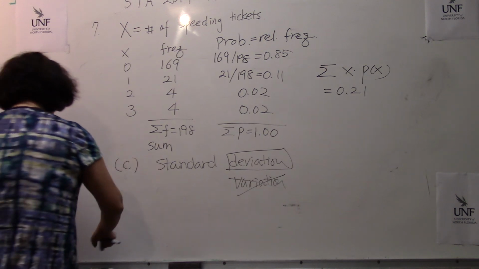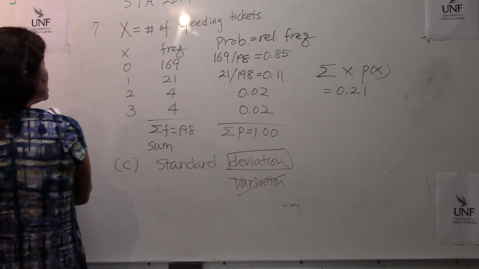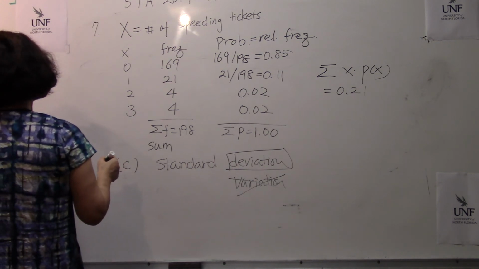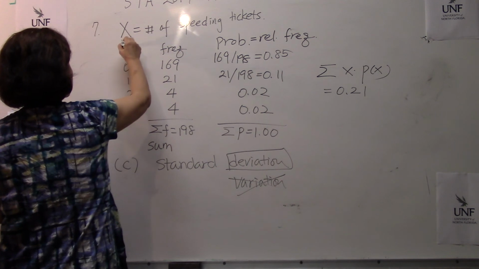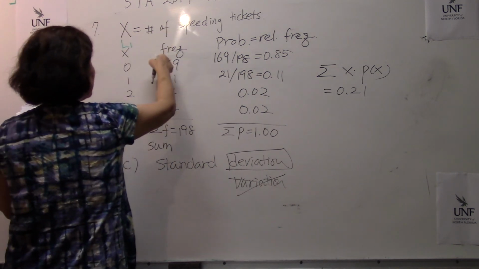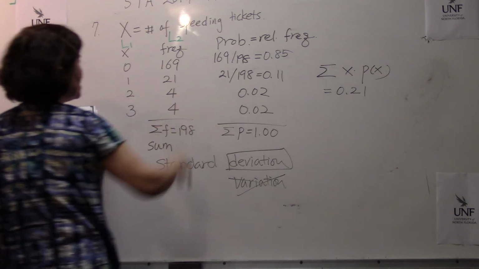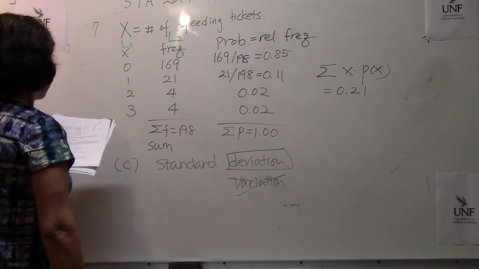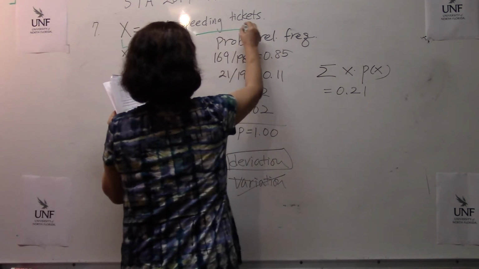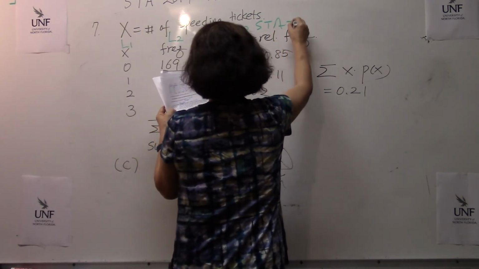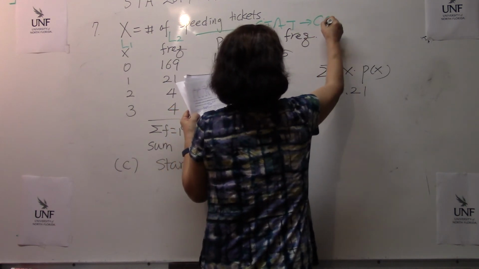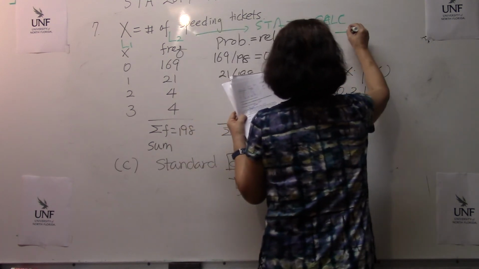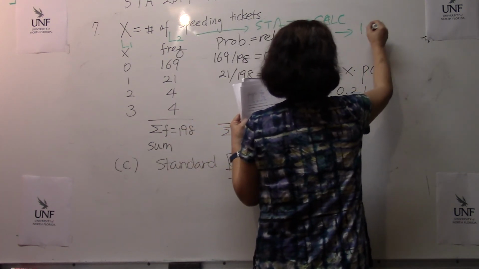So in order to do that, you are going to make a list. Go to stat and list. So make this one as L1 and this frequency as L2, not the probability. Yes, L1 and L2, and go to stat, go to calculate, and this one is one-variable statistics.